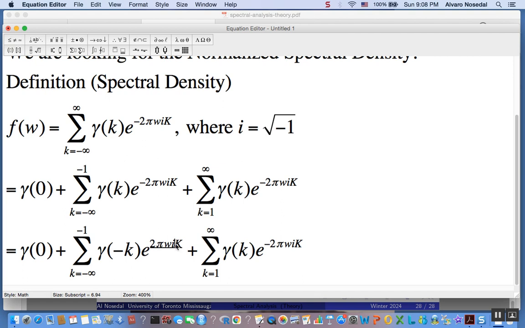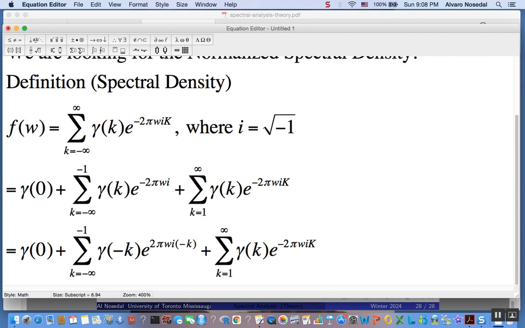So when k equals -1, k is going to be 1. When k equals -2, then you're going to have +2, and so on.